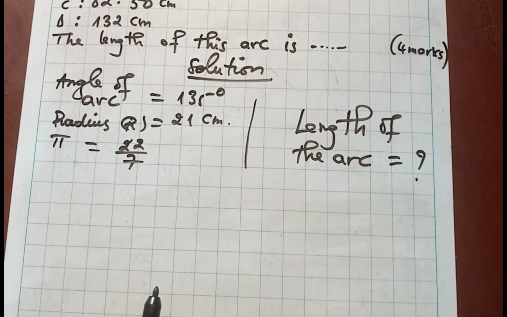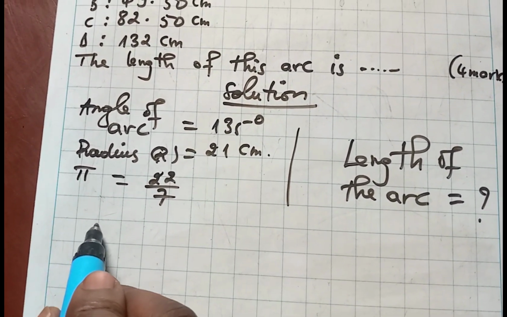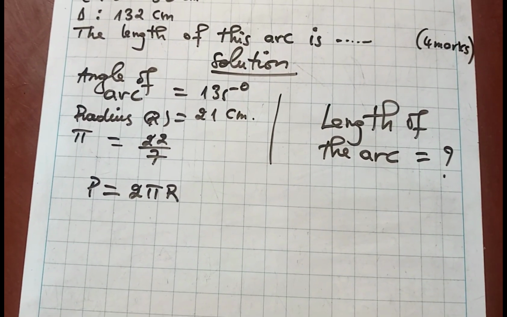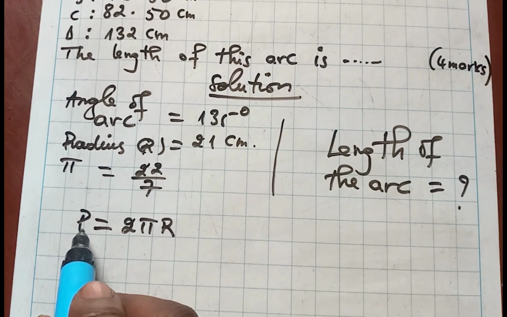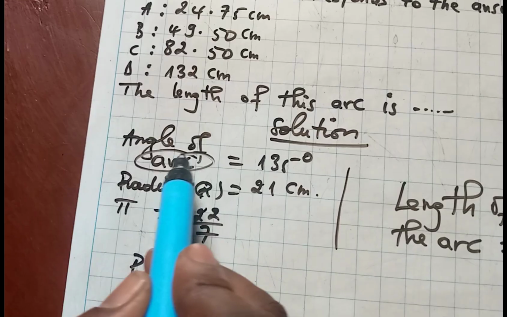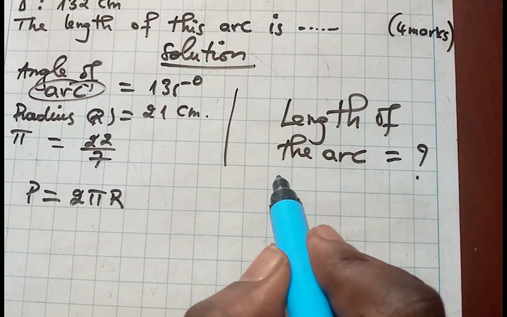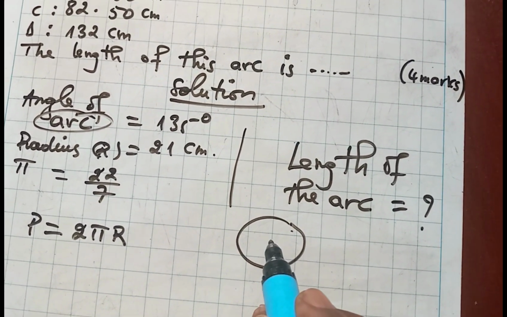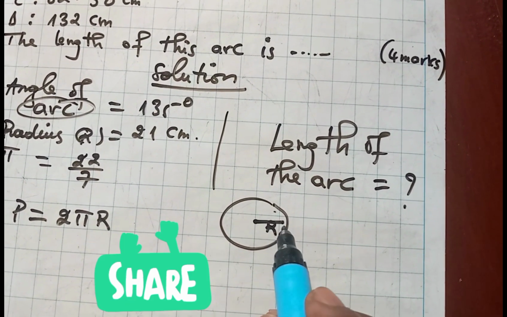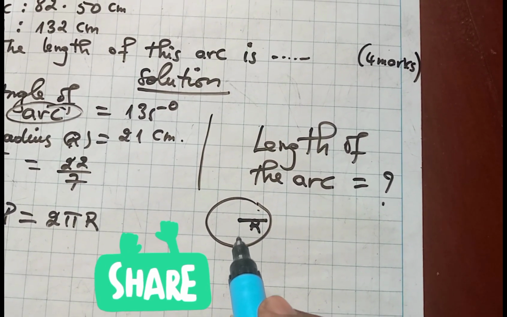We need to calculate the length, and to find this length, we will need to use the formula for finding the perimeter of the full circle, right? Remember that the perimeter for the full circle is equal to 2 pi radius. This is perimeter for the circle, the full circle, right? Since you have the arc, this arc is not the circle. So consider this one as the circle. Now this is the radius. When we draw like this one will be 90 degrees.